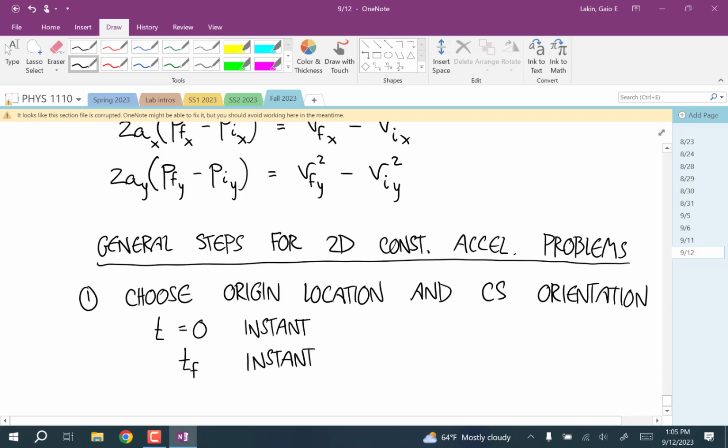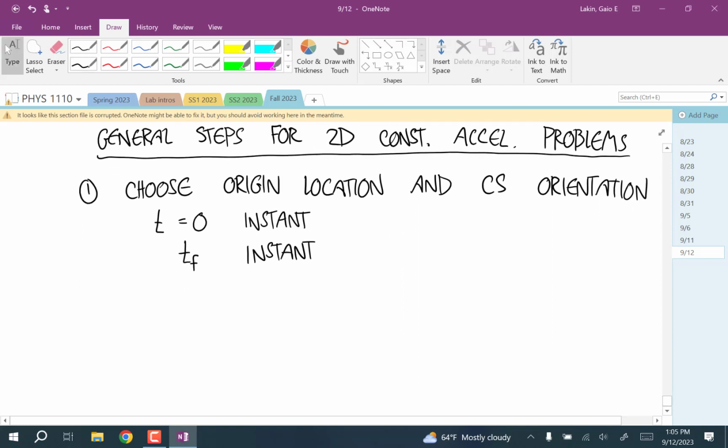And just like in 1D, you choose those based on where you have information or when you're trying to calculate something. After that, the second step is list out what variables you know and what variable you're trying to find.